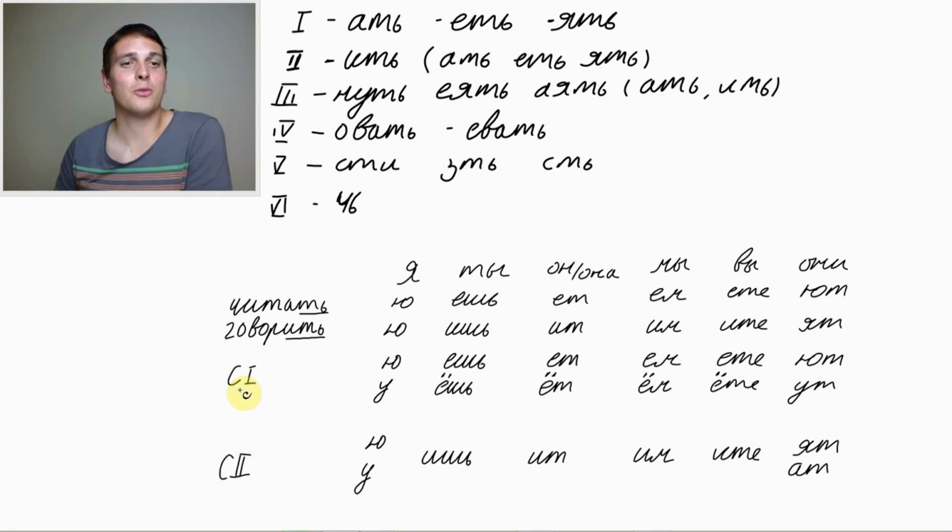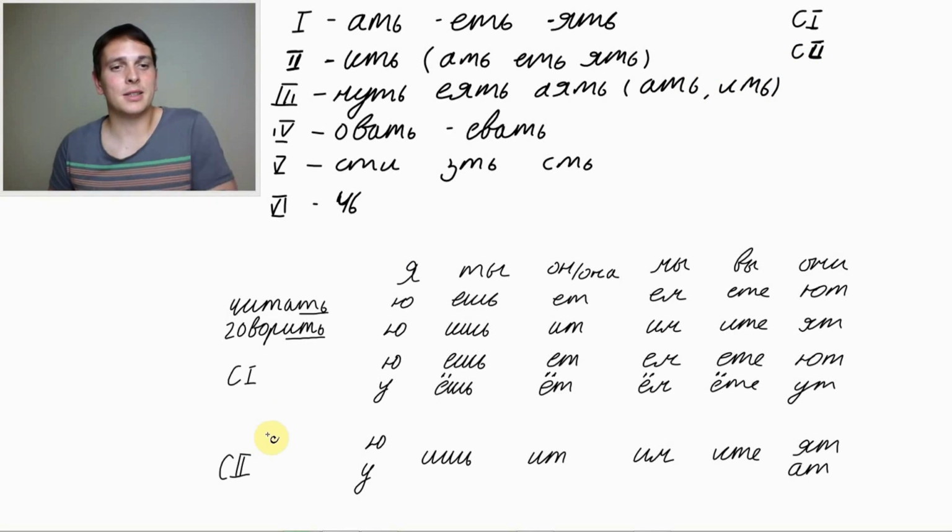How to know which scheme to follow? Well, I will tell you this. The type number 1 is C1. Type number 2 is C2. Basically, only the type number 2 follows C2 rule, C2 structure.